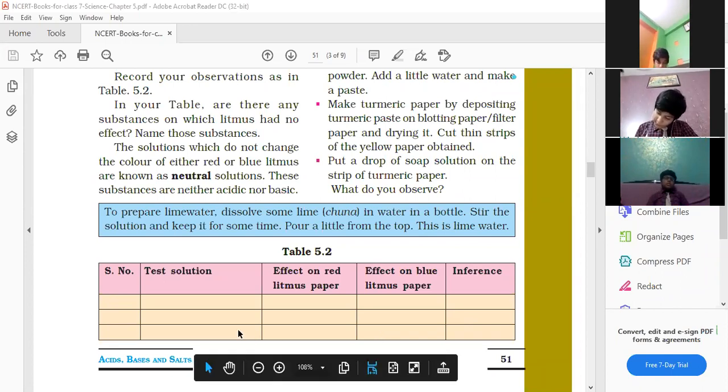The last one we have written is baking soda. In baking soda, you can write down here blue in first. See on the screen. Here you can write down blue. Here it is blank. And in this column, you can write down base.